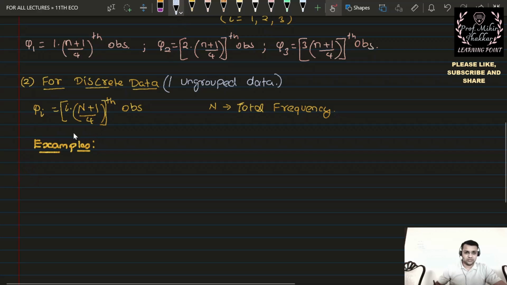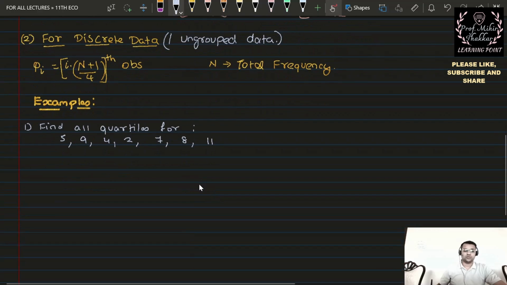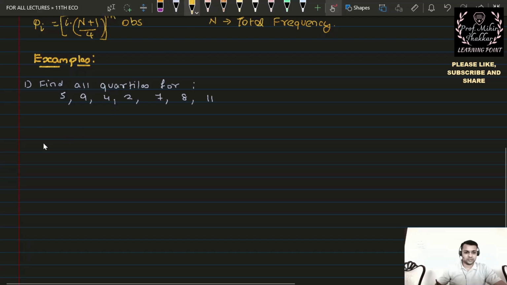Example number 1, let us find the quartiles for 5, 9, 4, 2, 7, 8, 11, 6 and 7. So there are 7 observations. Let us see what we can do in this.